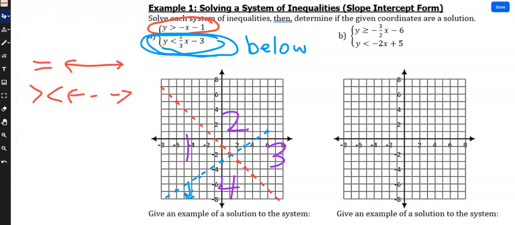And now we're doing the red one, and it wants above the red line. So which section? Use your hands if you want to. So in your mind, I know you can't see me doing this, but I'm just taking my right hand and I'm covering above the red line. Okay, and then I'm taking my left hand and covering below the blue line.